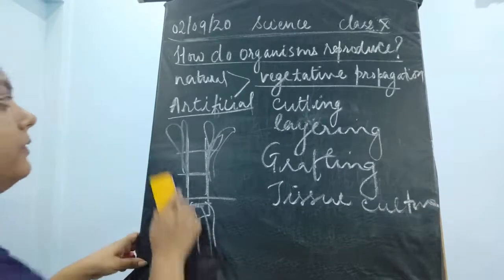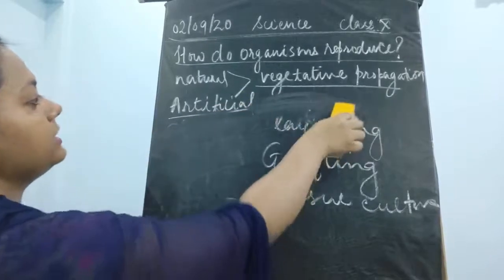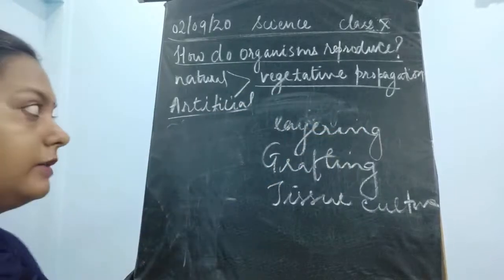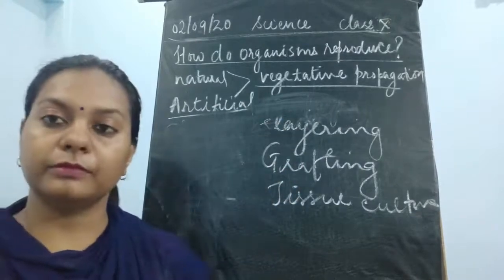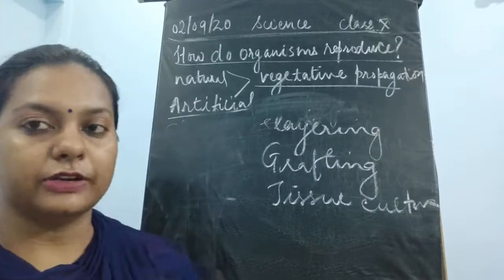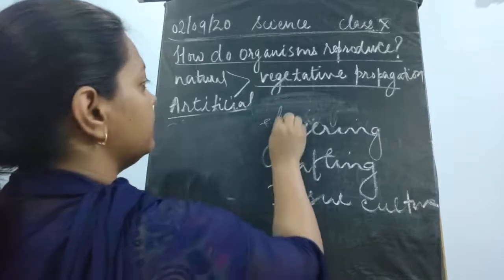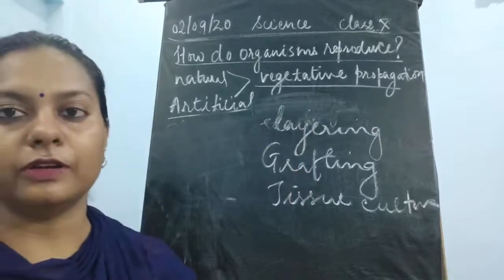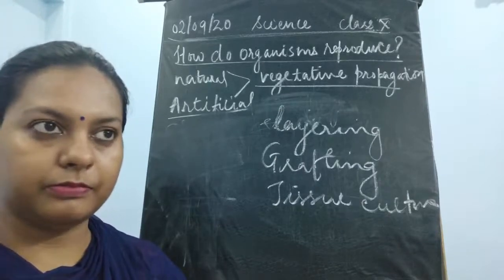Then after that we will discuss layering. Now what is this layering? The second type of artificial vegetative propagation is layering, children. Now what do you mean by layering? Layering means we are putting a layer of something on some object.